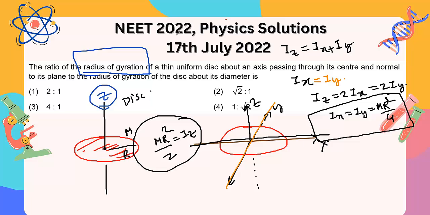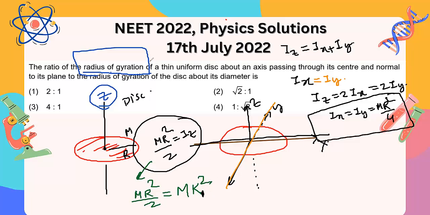The moment of inertia for a ring is simply mr square, right? So here we have mr square by 2. Let's say this is equivalent to a ring of the same mass m with radius k, so mk square, for that disk about the z axis. Let's say this is mk1 here.